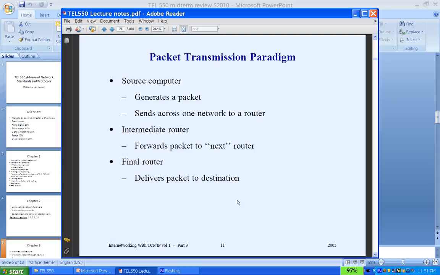The path has one end, and along the path we have multiple hops, and at each hop the packets are forwarded to the next hop, which could eventually deliver the packets to the final destination.